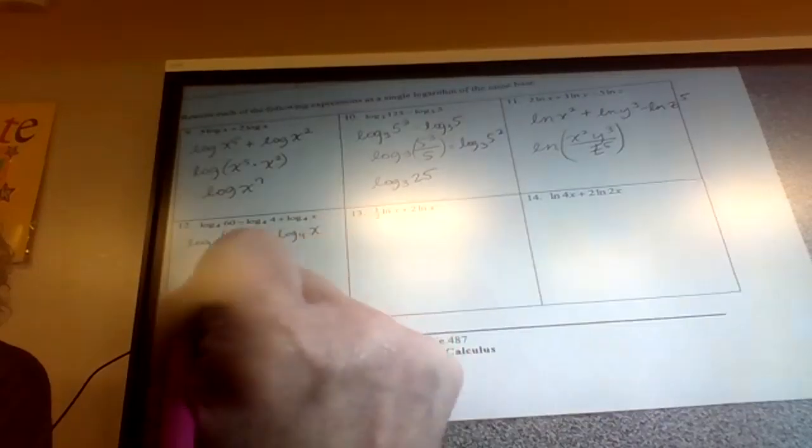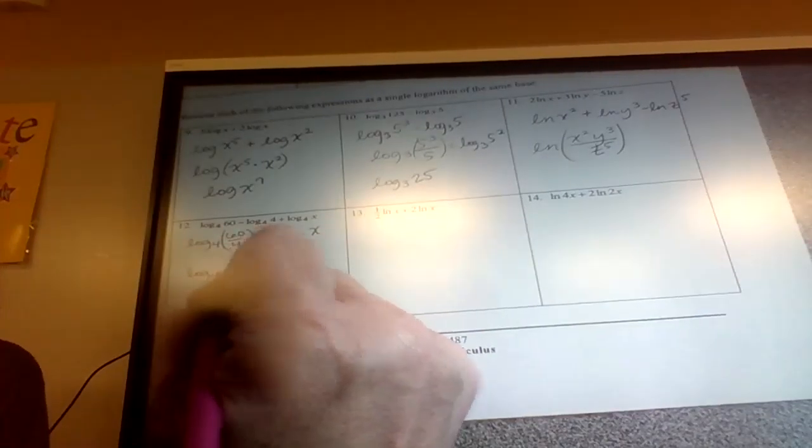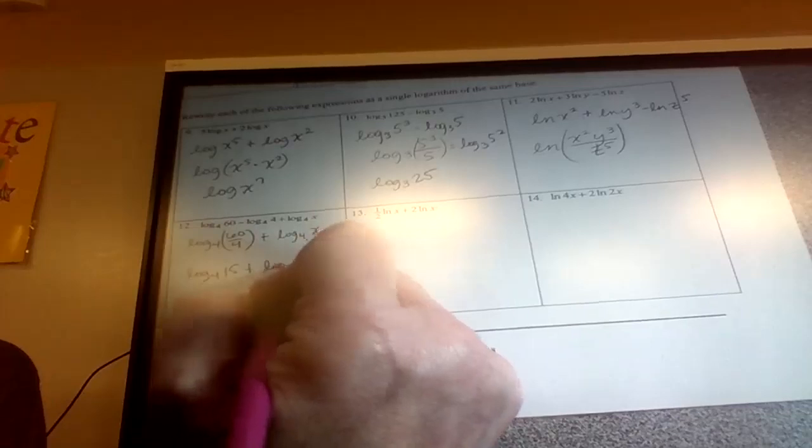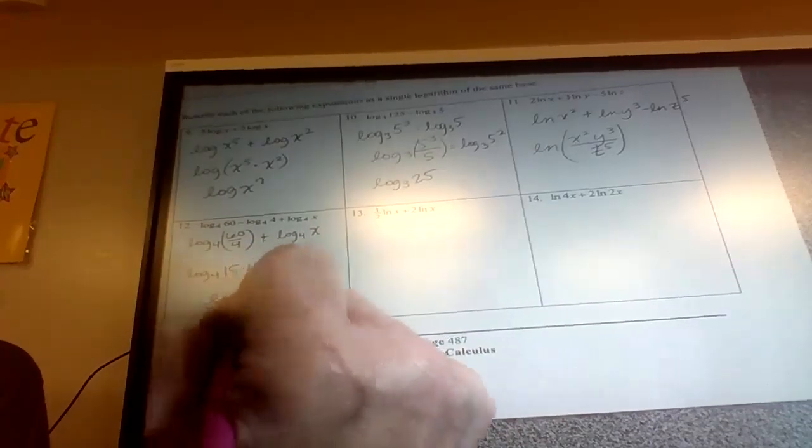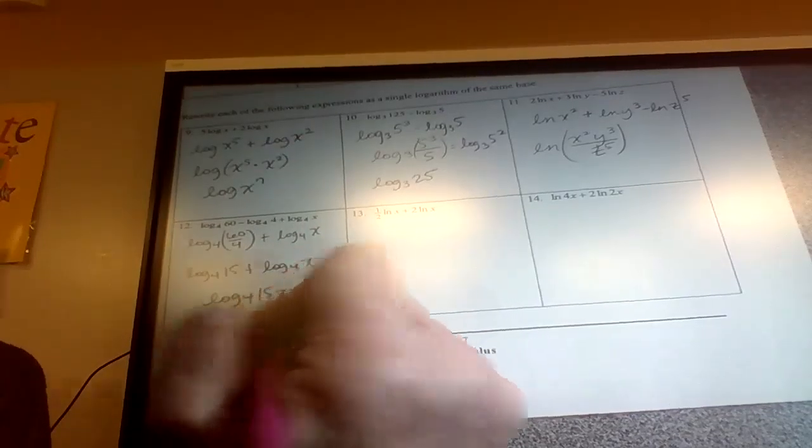So you got log base 4 of 15 plus log base 4 of x. So that's log base 4 of 15x.